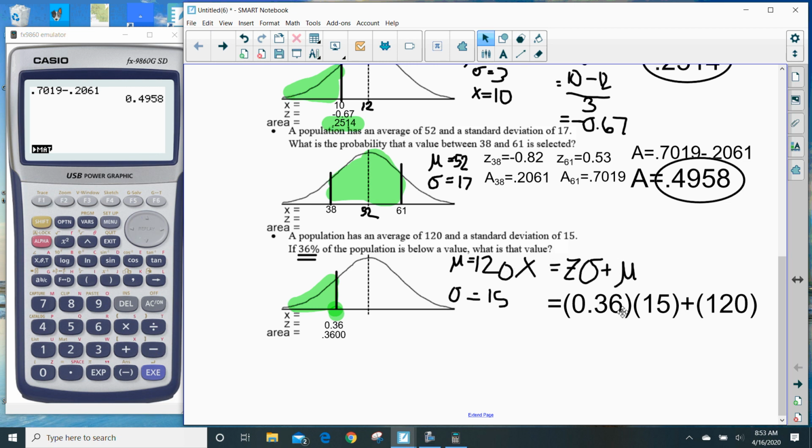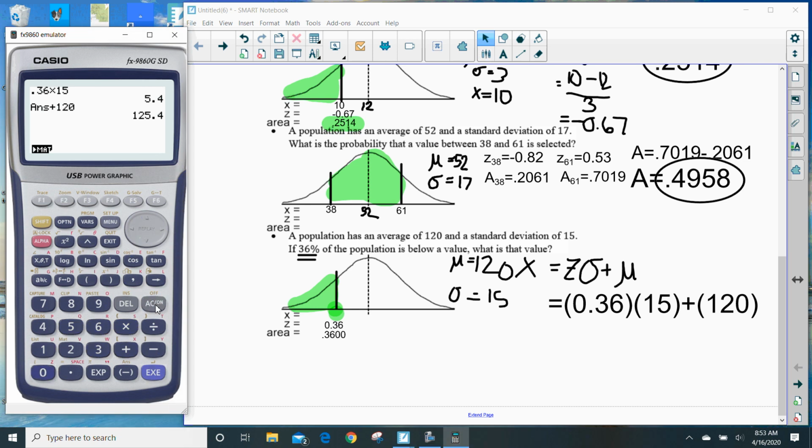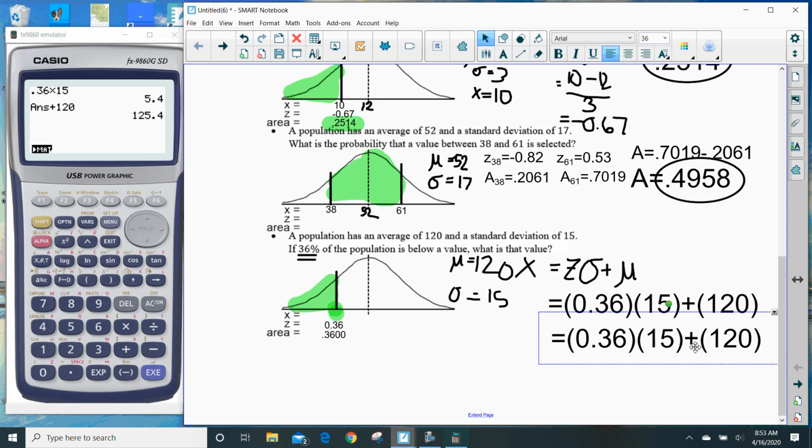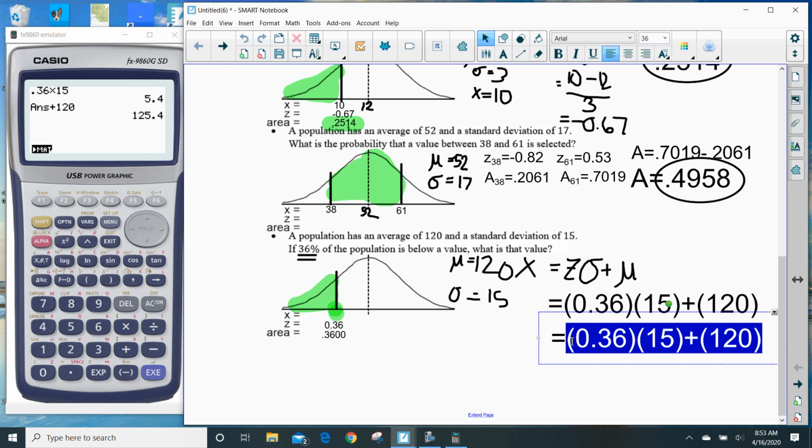There we go. Now I look like a mathematician. So that is Z times sigma plus mu, and that gives us our X value of 125.4.